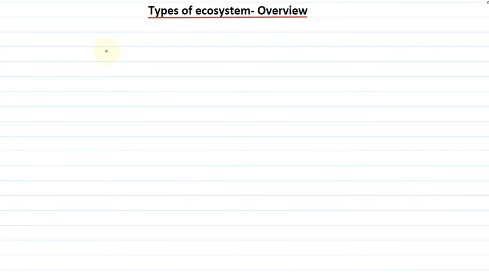Okay. So now ecosystems of all types can be categorized into two types. Okay, so if we say ecosystem, it can be broadly categorized into two types, that is the terrestrial ecosystem.